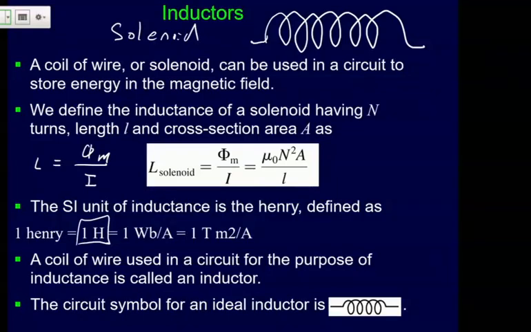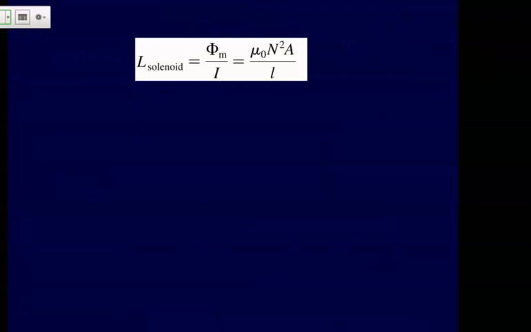The circuit symbol is usually just a little curly-Q thing like here. Basically, the idea of inductance is how much magnetic flux you have per current.